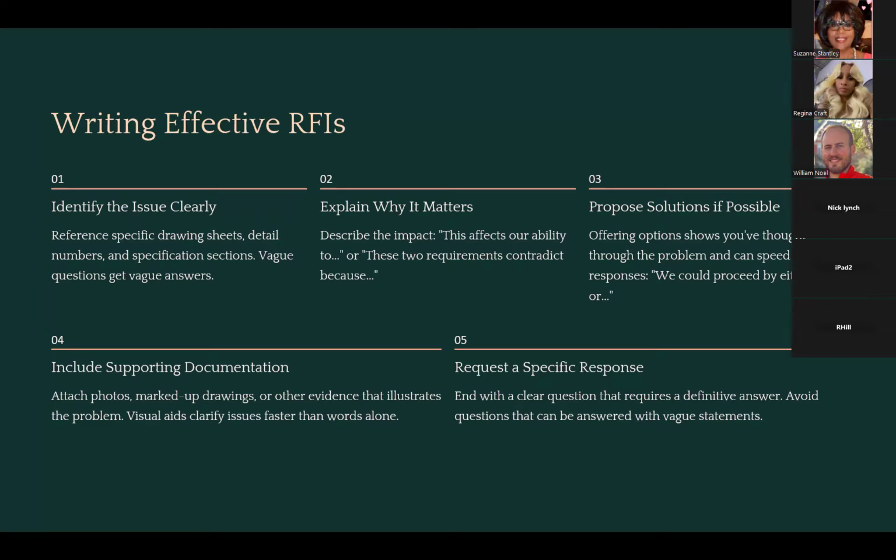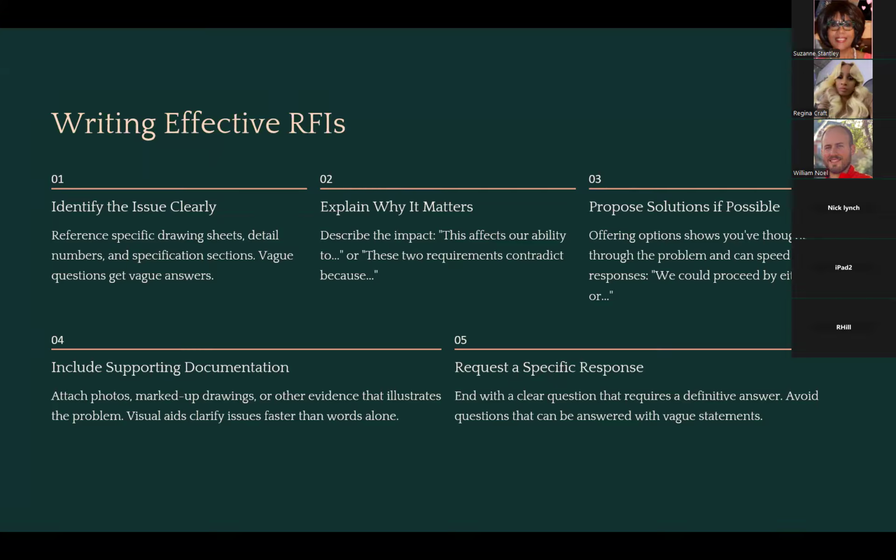Number three is a big one here, and it's the best way to make sure that you get an answer quickly, and it makes sense: propose a solution if possible. So if you see something in the drawings that looks wrong, that has to do with your trade, and you know the way to fix it, don't just fix it. You need to write an RFI, but you're more than welcome to propose the solution to the architect or engineer and say, "Hey, I see this is wrong, but I can do X, Y, Z, and that'll fix it."